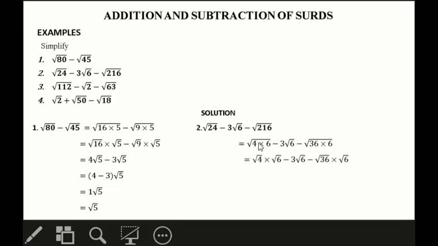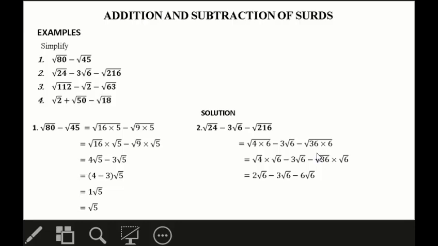So over here we split them. We get root of 4 times root of 6 minus 3 root 6 minus root 36 times the root of 6. Then the root of 4 will give us 2. You multiply it by this root 6, then it will give you 2 root 6. For minus 3 root 6, we still maintain it as minus 3 root 6.